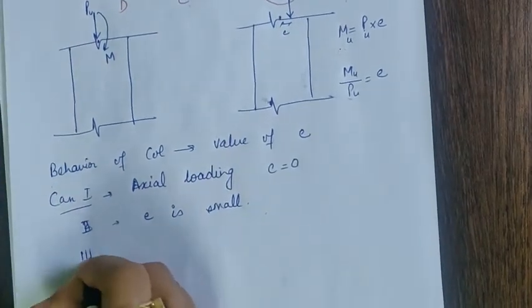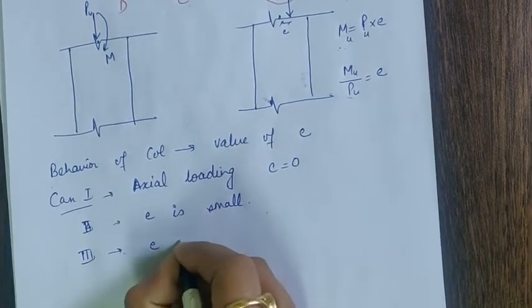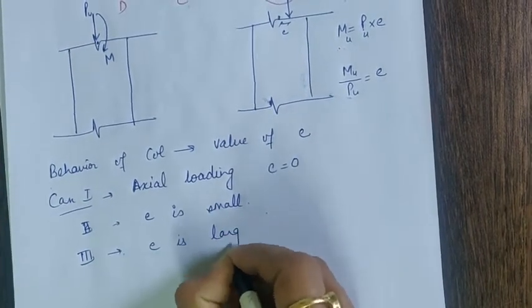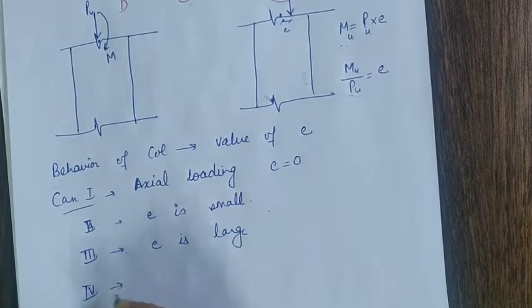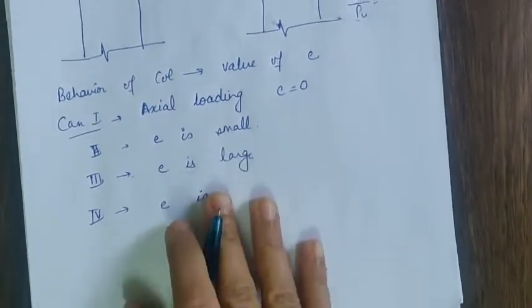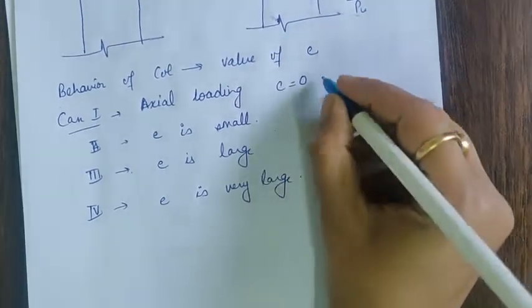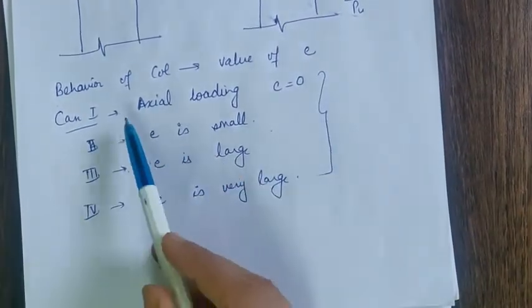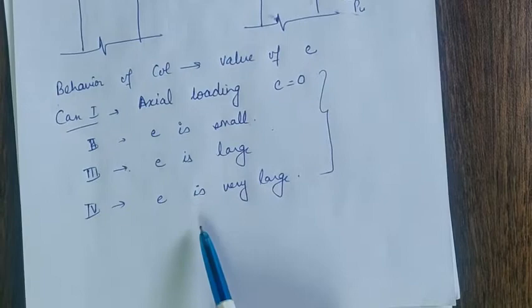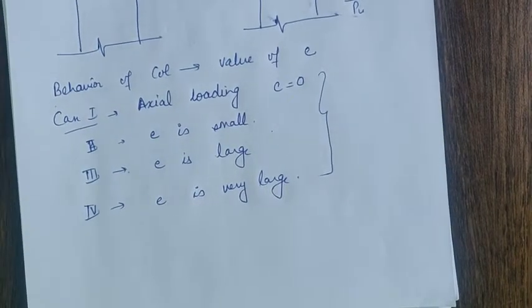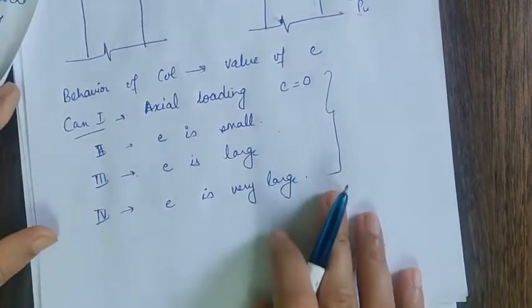Case number 3 is when eccentricity is large, and case number 4 is when eccentricity is very large. Why I am dividing this into 4 categories is because the behavior of each type of column is different. So let's discuss the behavior of each column based on the eccentricity.